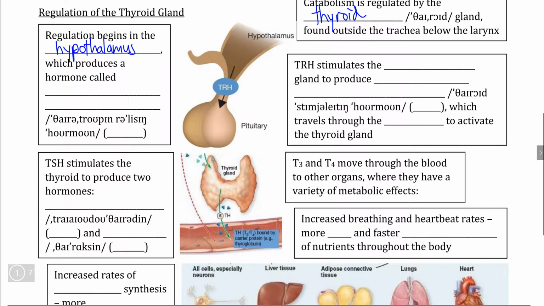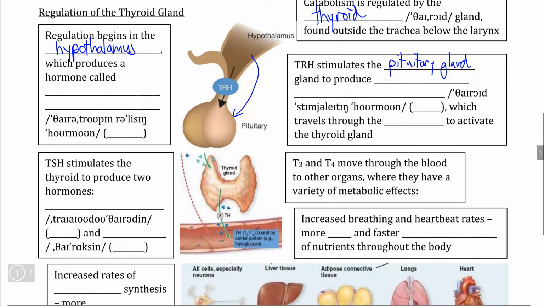Now, just like the way that the hypothalamus regulates the reproductive system, the hypothalamus doesn't actually regulate the thyroid gland directly. Instead, it produces another regulatory hormone that stimulates the pituitary gland, and it's the pituitary gland that is used to regulate the thyroid gland directly.